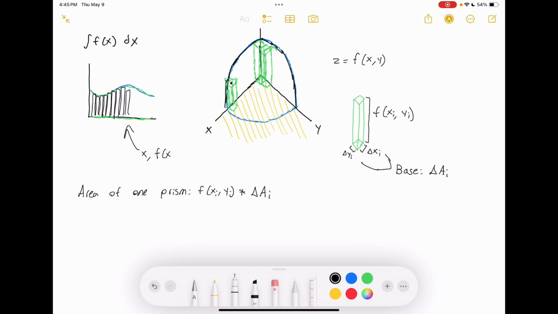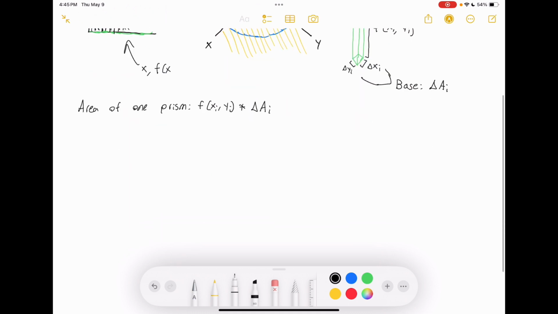If we want to convert this to our double integral, it's not too bad. We express it first in the general form: the double integral over the region R of f of x, y, dA, because you're integrating over an area, is equal to basically this summed up an infinite number of times.